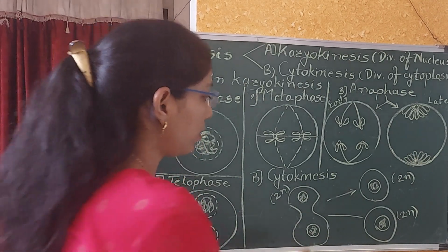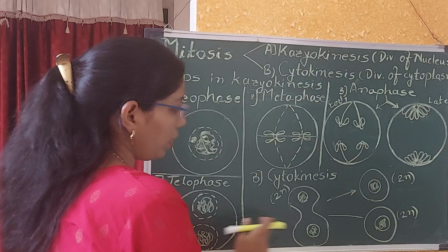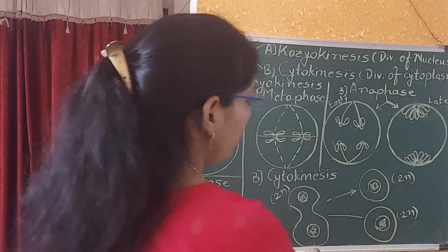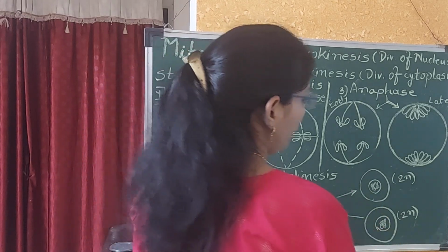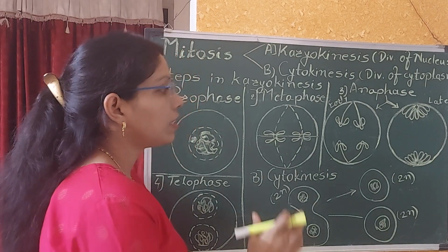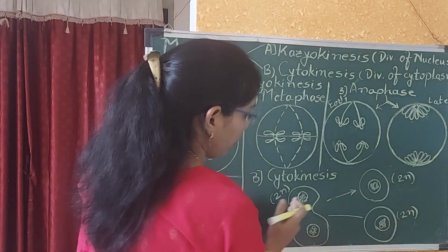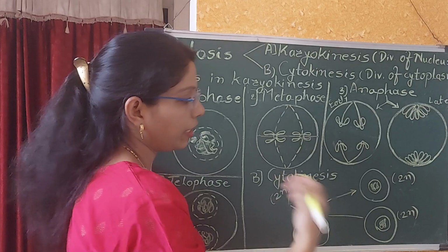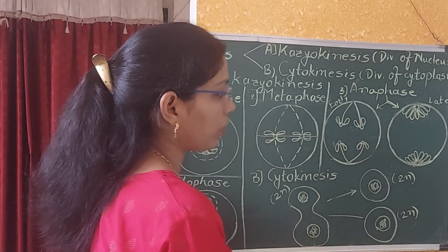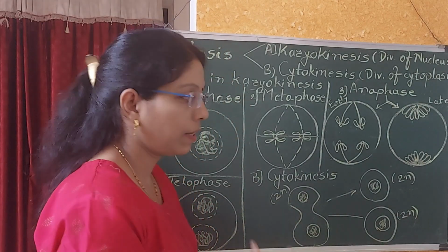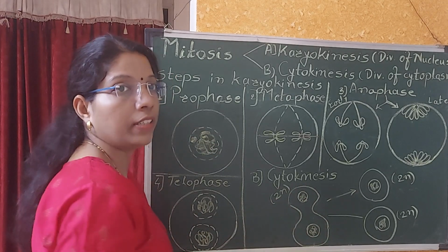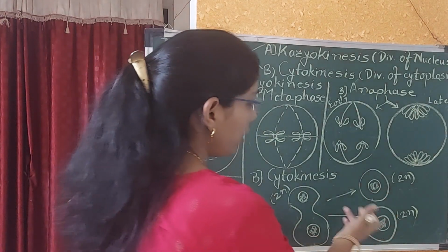In animal cells, this notch is formed from the middle plane of the cell, and two separate cells are formed, having the same chromosome number as the parent cell, that is, diploid cells are formed. So after the mitotic division, the chromosome number in the daughter cells is the same as that of the parent cell. Therefore two diploid cells are formed.